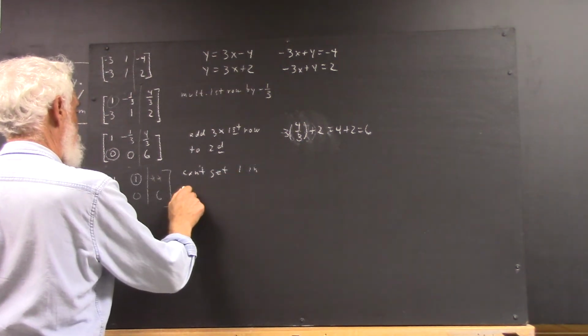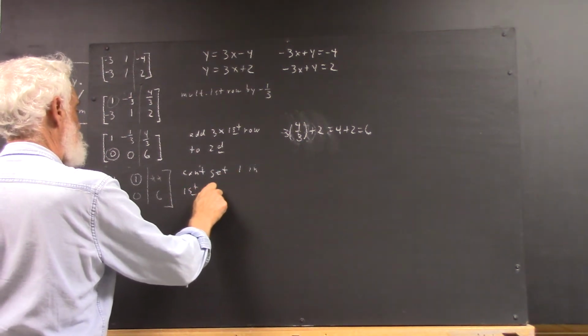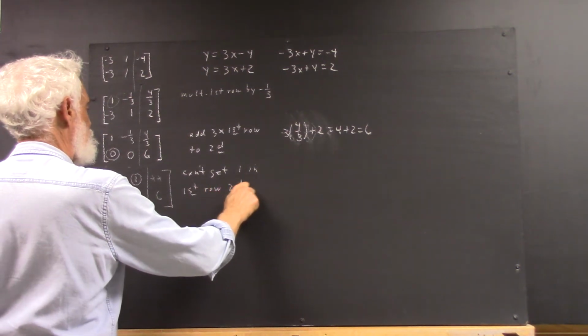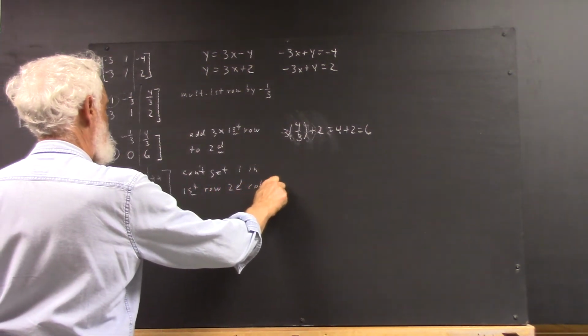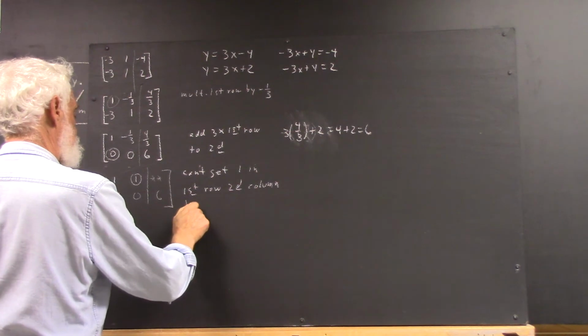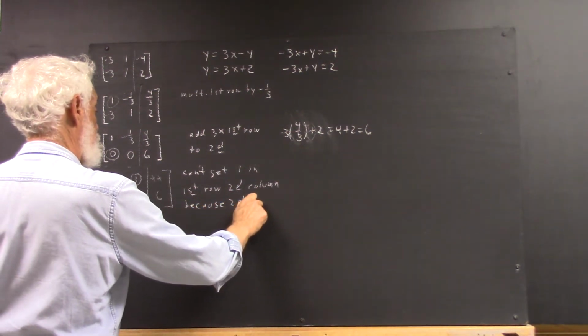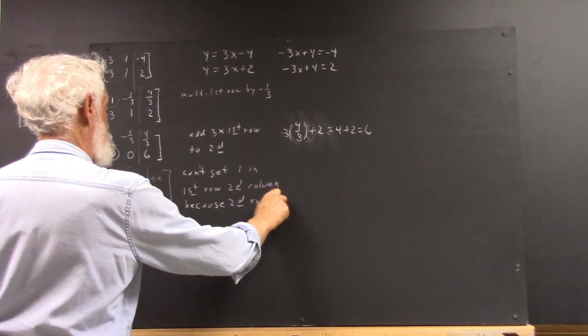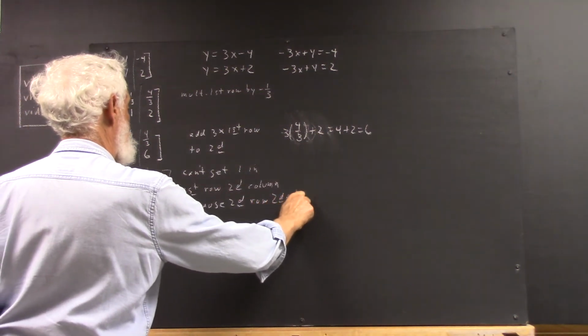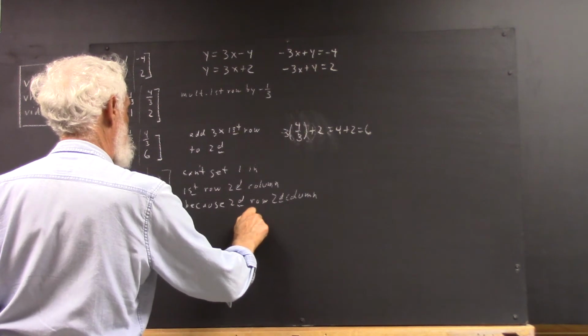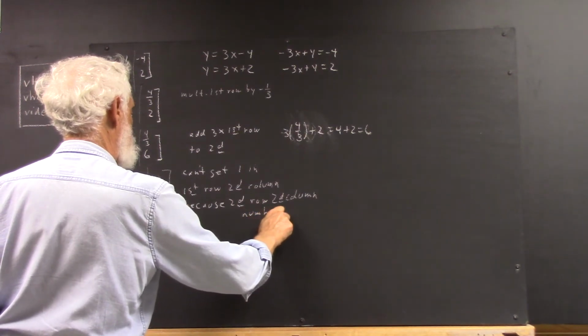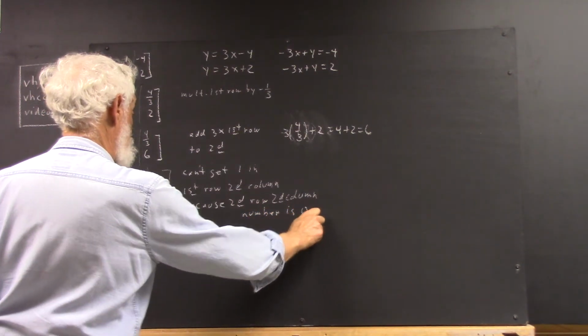Can't get a 1 in the first row, second column, because the second row, second column number is 0.